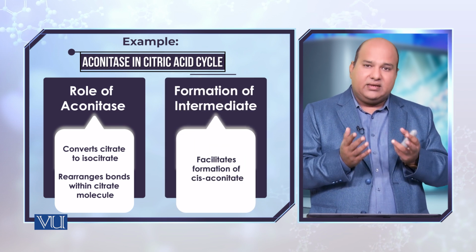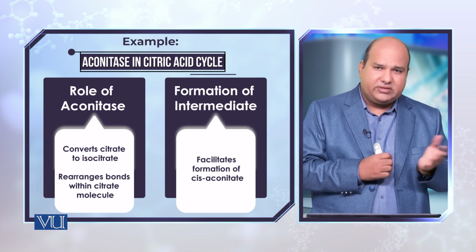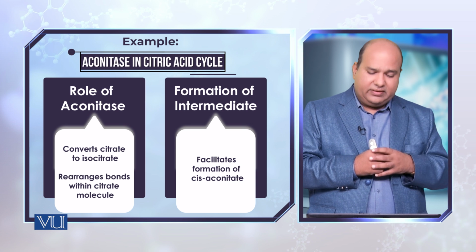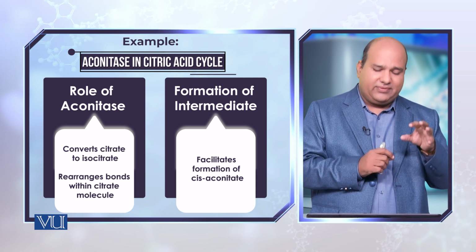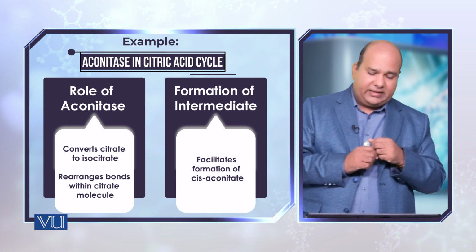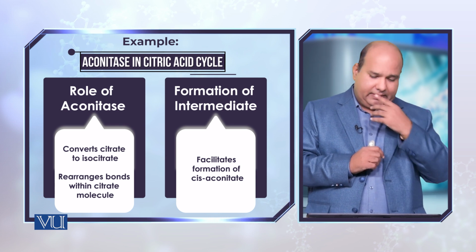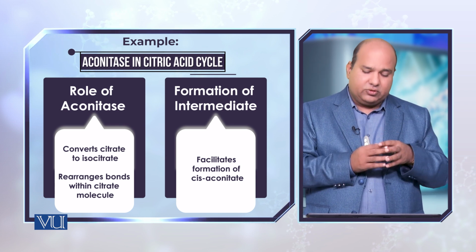One example again from metabolism you can take is the Krebs cycle, the tricarboxylic acid cycle. Because it's a hub, it is one of the major metabolic pathways.